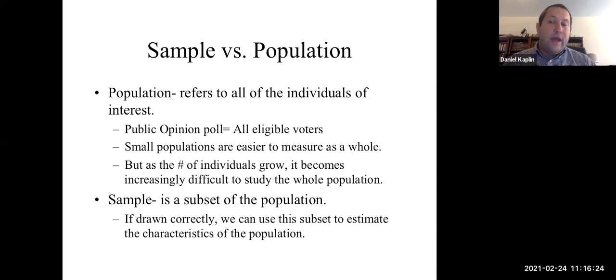I started with all students in my research methods class. Let's say I wanted to study all students in any research methods class at the college. If I were to do that, then it gets harder, right?